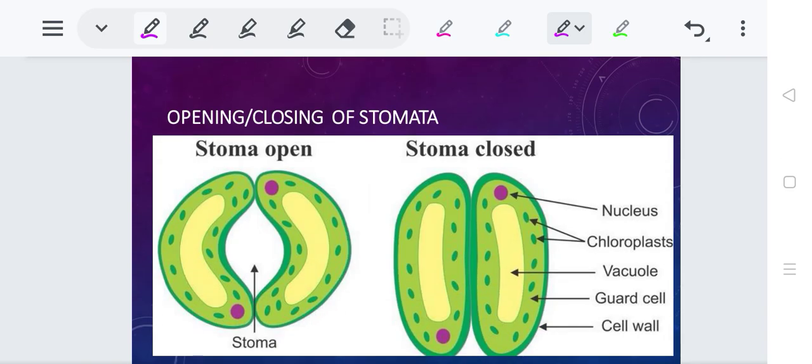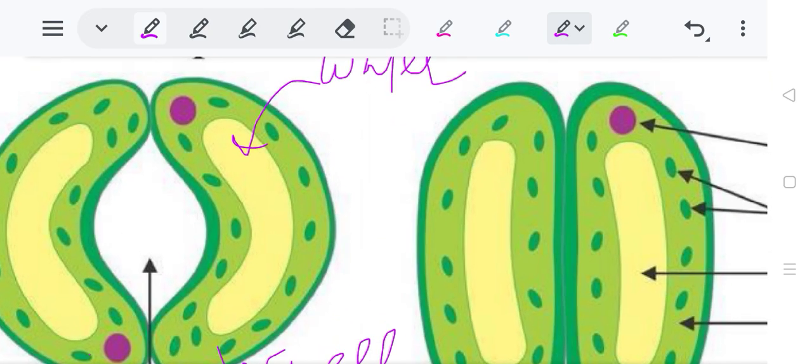Then we have opening and closing of stomata. So when the water enters in guard cells, they swell up, which leads to the opening of stomata, which leads to the formation of stomatal pore. This process is also called endoosmosis.